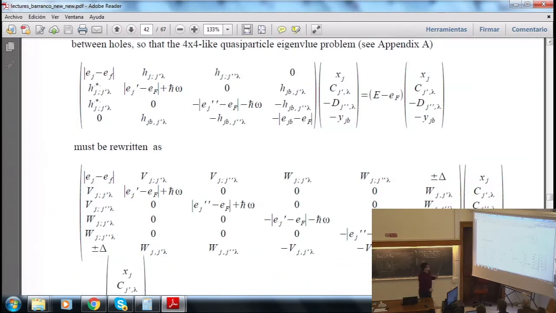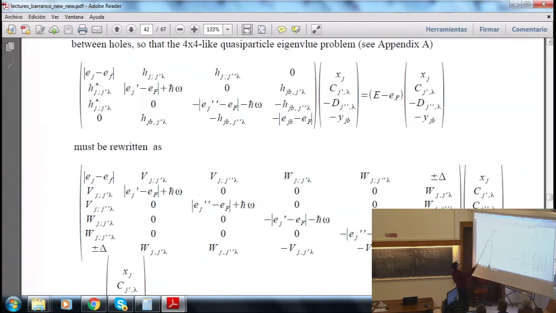The only thing that we have to take care of is that when you solve the BCS in a superfluid system, single particle states are simultaneously particle states and hole states. So you have to make a systematic doubling of the configurations. You cannot say anymore that this is a particle phonon and this is a hole phonon.